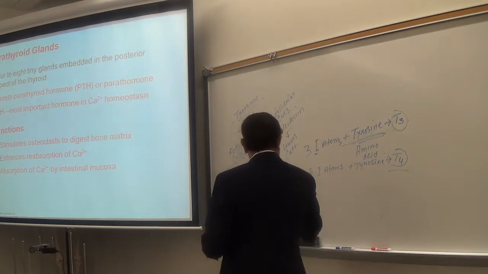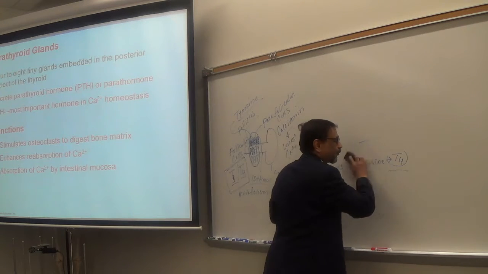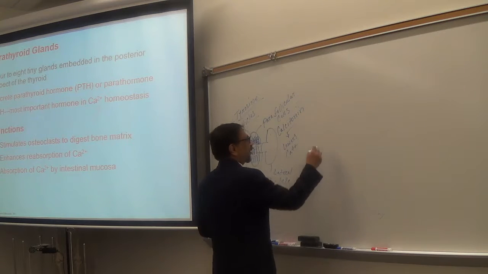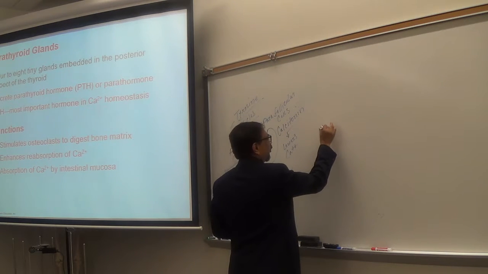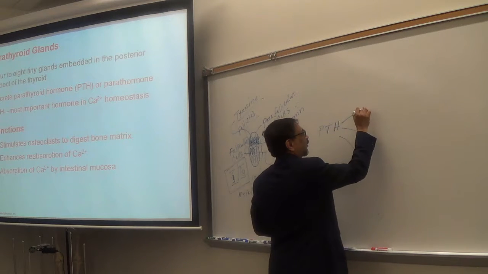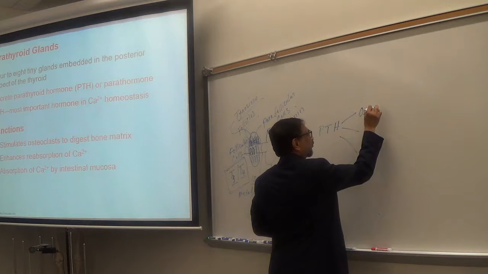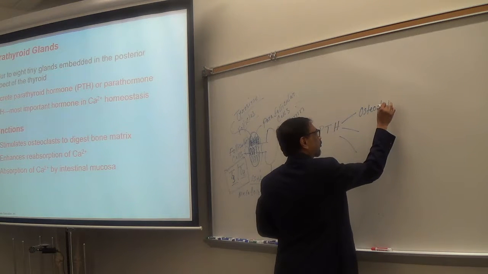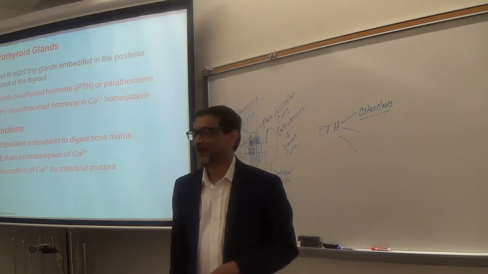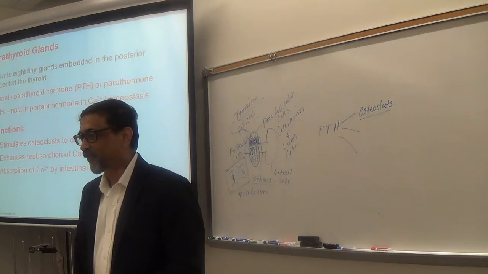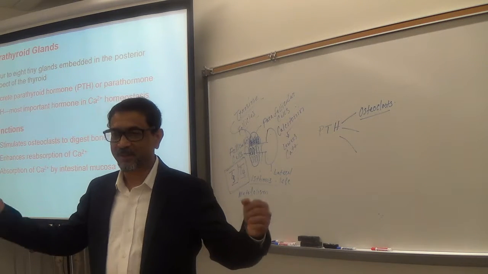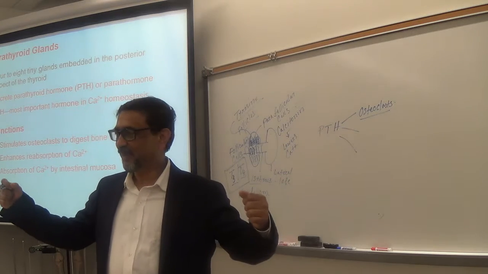Now, how does parathyroid hormone increase the calcium? Parathyroid hormone works on the osteoclasts. Have you heard of osteoclasts? Yes, okay. One type of bone cells, right? And osteoclasts do what? Are they giant or small? Big, right?